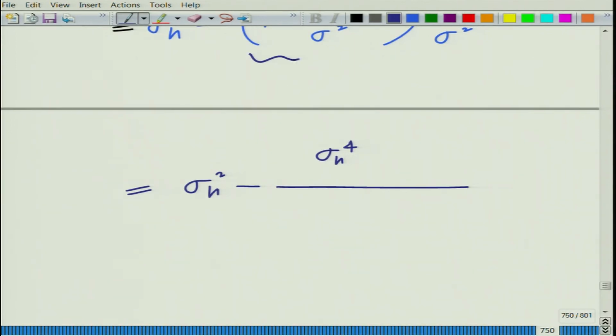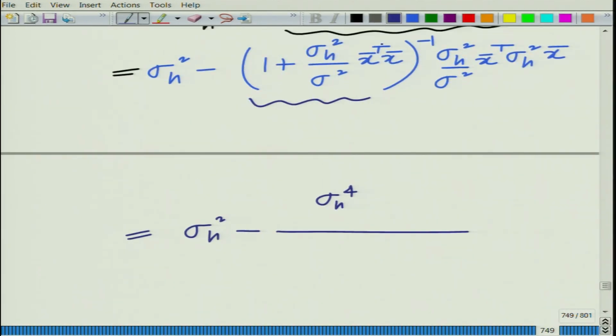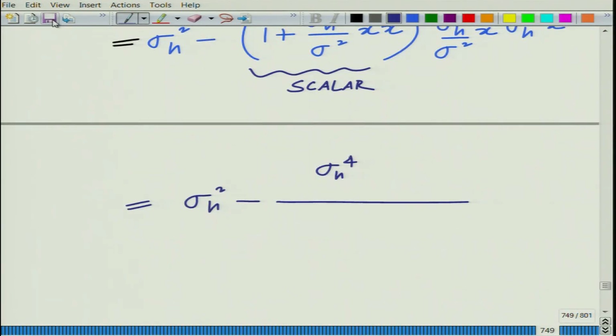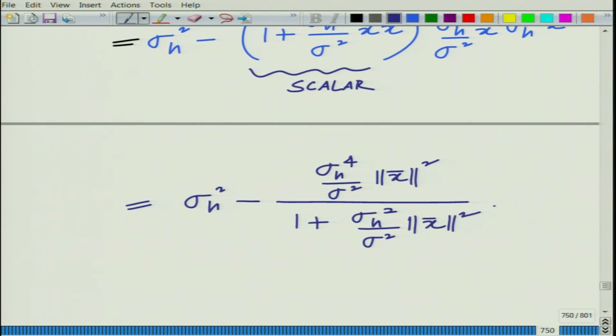So, once again the idea is that this is a scalar quantity. If you look at x bar transpose x bar, this quantity is a scalar. So, I can write this as sigma h raised to the power of 4 divided by sigma square norm x bar square, divided by 1 plus sigma h square divided by sigma square into norm x bar square.